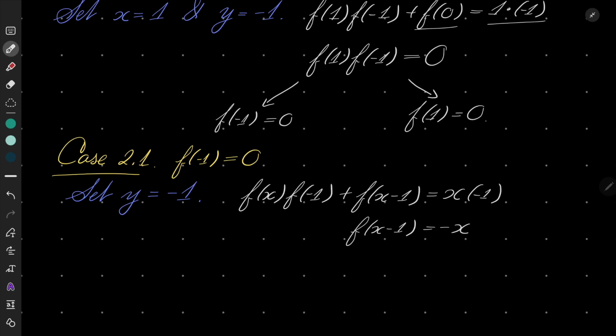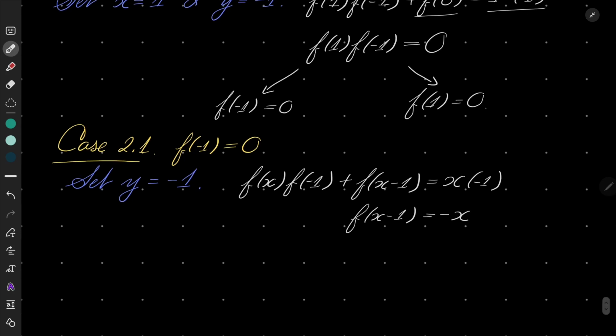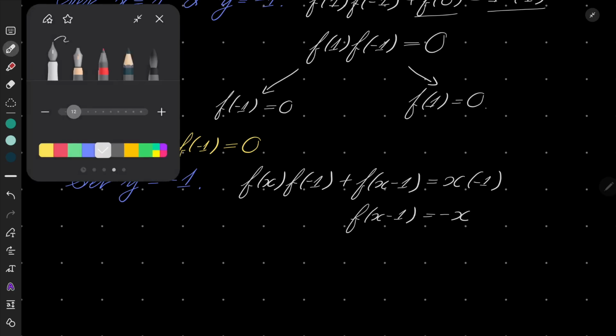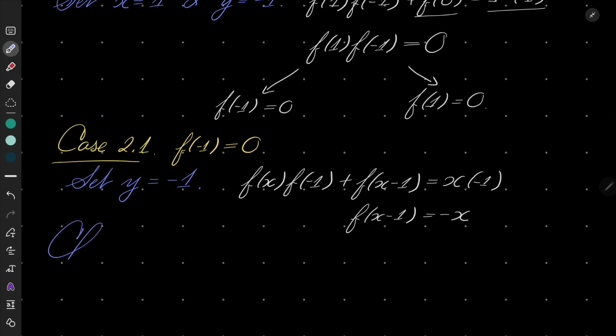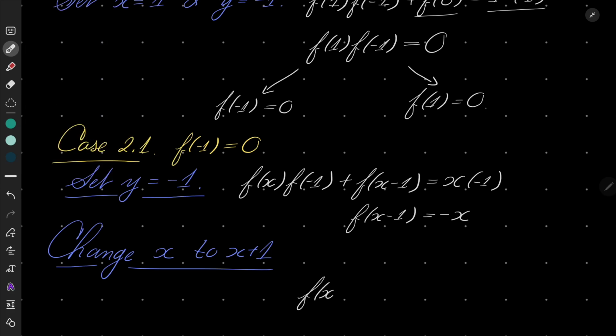Changing x to x plus 1, we have f(x) equals minus x minus 1, and that should be true for every real number x.